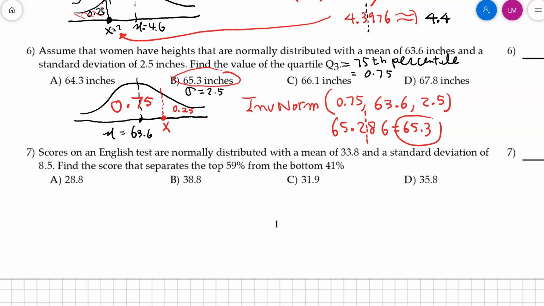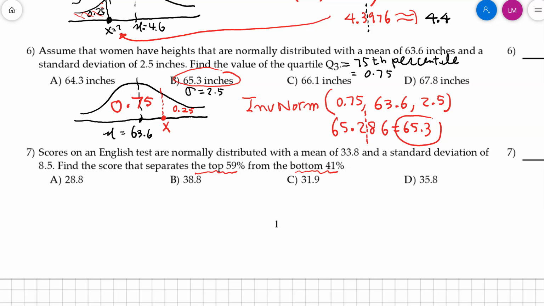Scores on English tests are normally distributed with a mean of 33.8 and a standard deviation of 8.5. Find the score that separates the top 59% from the bottom 41%. Bottom 41%, top 59%.